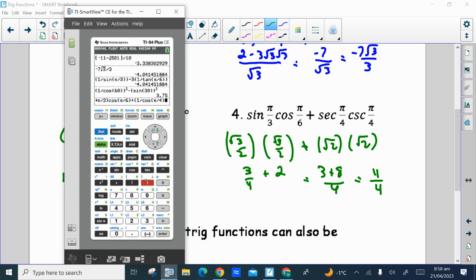Close the bracket on the pi on 4, close the bracket on the 1 over cos pi on 4, as well as the cosecant, which is 1 over the sine of pi on 4. So that's all in there, and we get the same answer, 2.75.